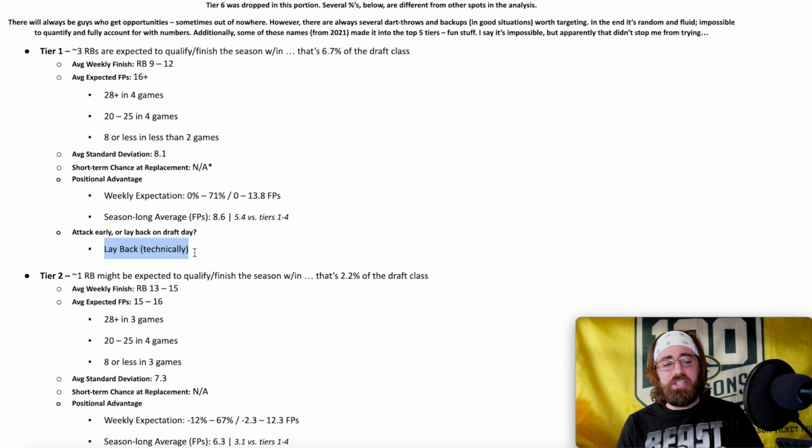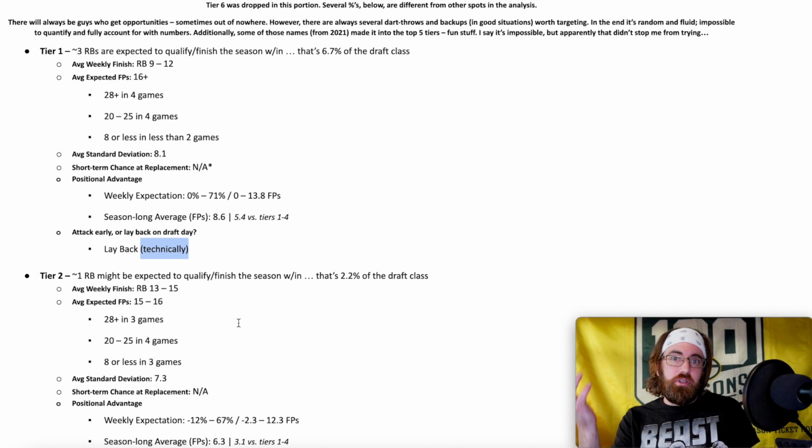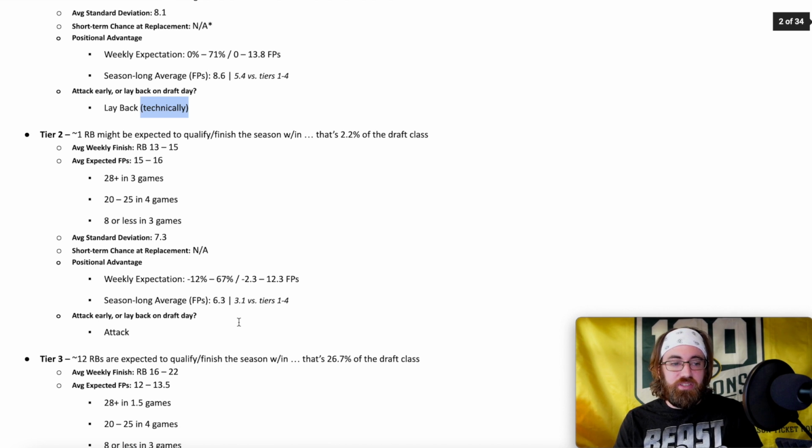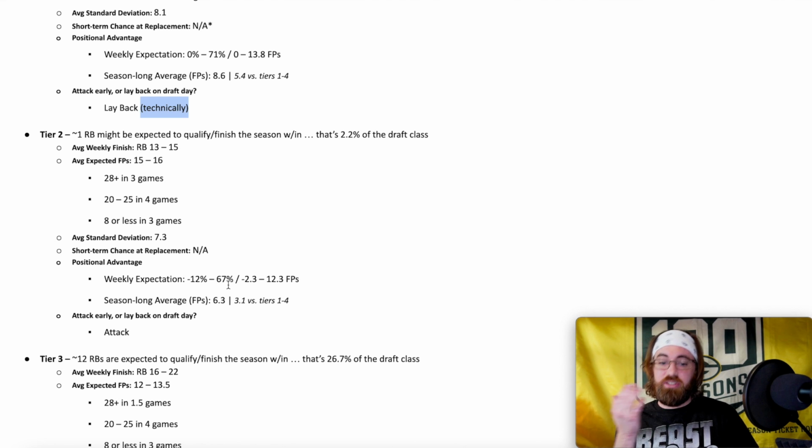I did put the wording technically here because you can't take that advice. If you have the 3rd pick, you're probably drafting the 3rd running back to be taken in the draft. There's no purposefully waiting for 1 or 2 running backs to be taken. They just get taken. And tier 2, the advice would be to attack. You're getting a good value, if this tier 2 turns out to exist after I compile 2022 stats into all of this.